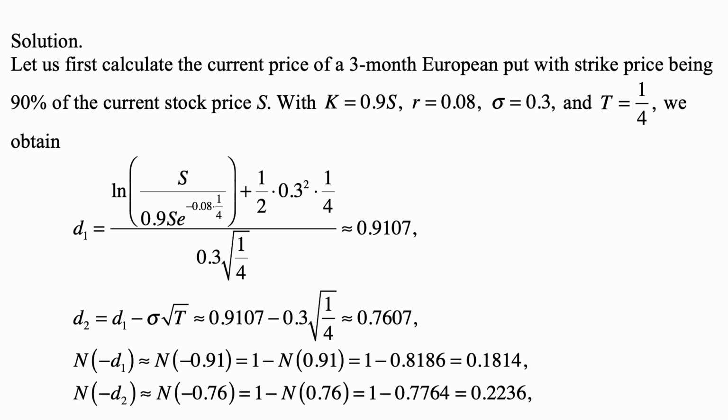d2 is equal to d1 minus sigma square root of T, approximately 0.9107 minus 0.3 times the square root of 1/4, and that's approximately 0.7607.